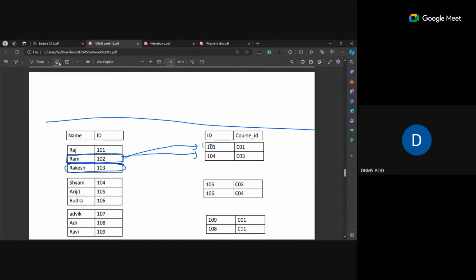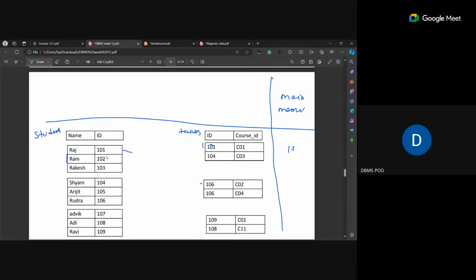After the completion of this, it will check with the next tuple, right? So let's suppose this is the main memory and this is the hard disk. We are considering the worst case memory availability, and this is the student outer relation, the student table, and this is the takes table, the inner relation. In the worst case, only one block can be contained in the main memory, right?